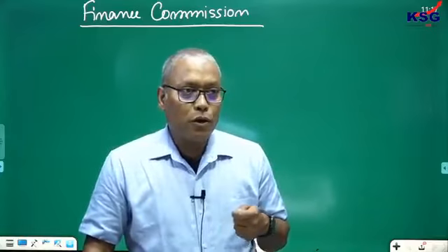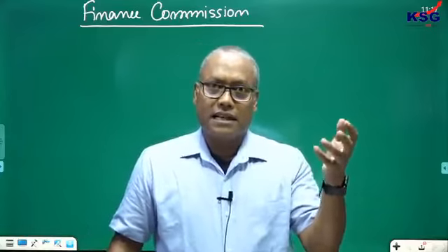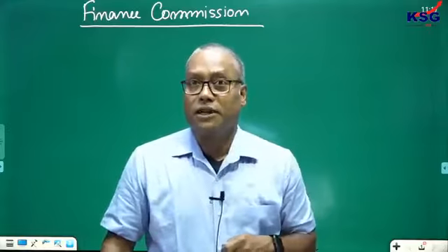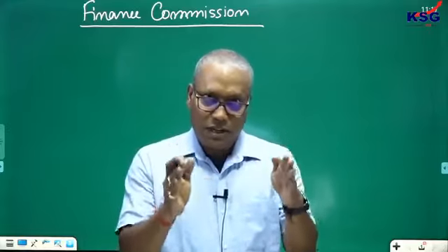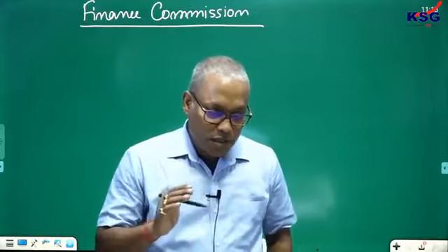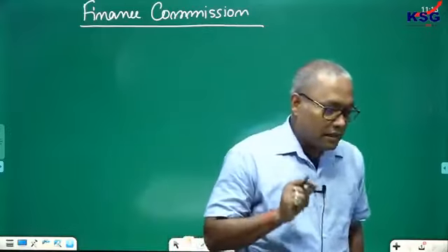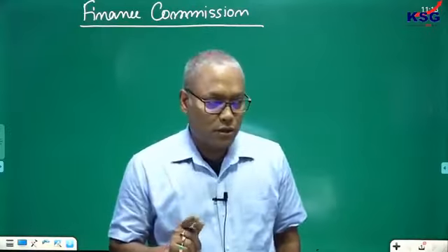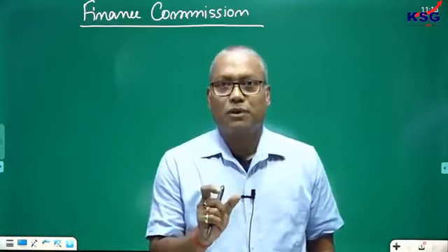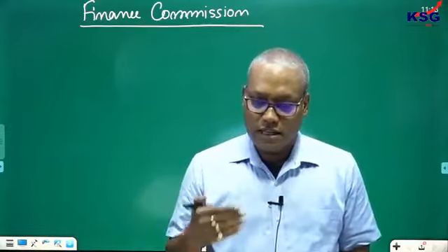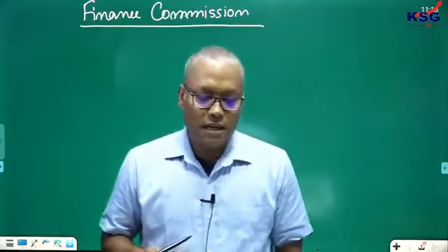Clear? Tax effort and fiscal effort was another variable that was introduced. So in this way we have discussed it. Clear? What are the main recommendations of the 15th Finance Commission? This part is left. So I am going to start this part, and after completing it, we are going to start the new topic.